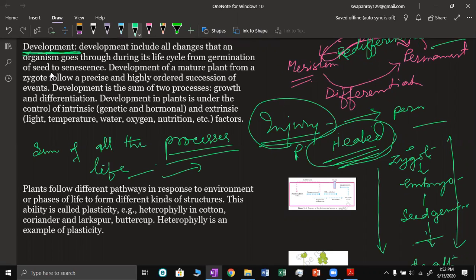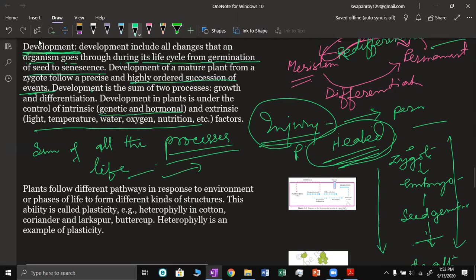All changes that an organism goes through during its life cycle, from germination of seed to senescence, this is a very highly ordered succession of events, and this is controlled by genetic, hormonal, and also environmental factors.